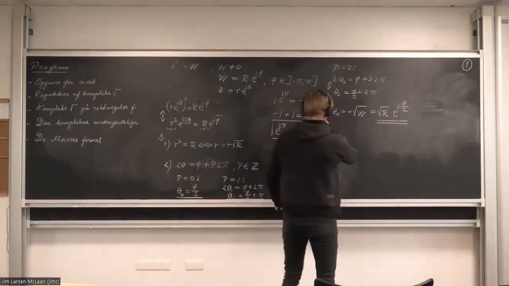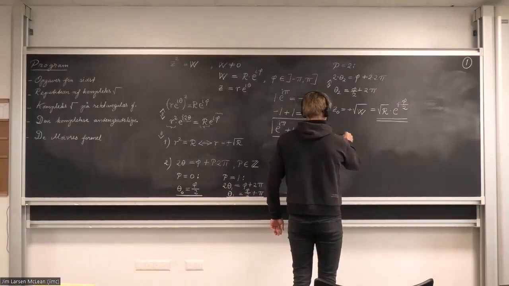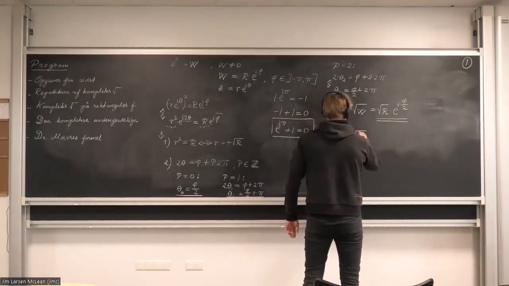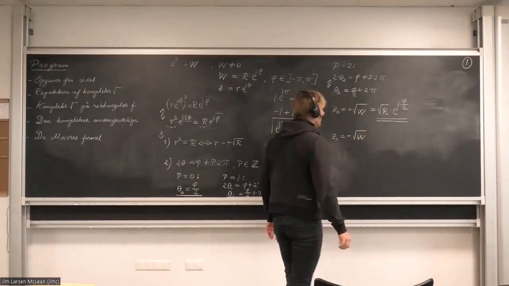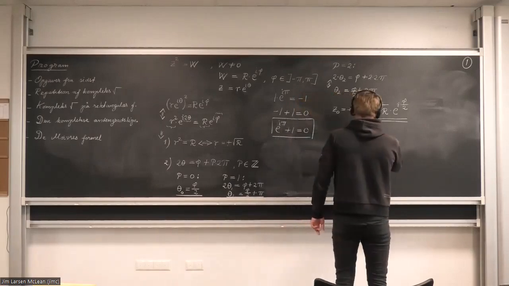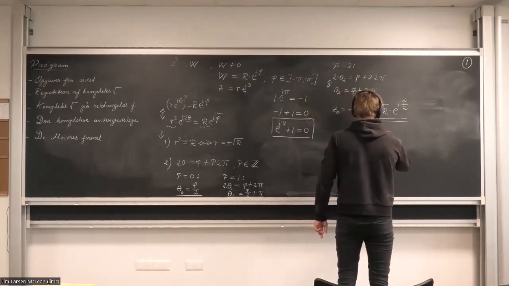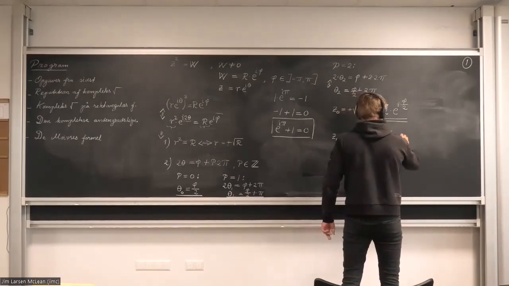And the second one, z 1, is what we call the negative version of the principal square root. Well, that would be the square root of r again. This is still the modulus, but now the angle is that plus pi.